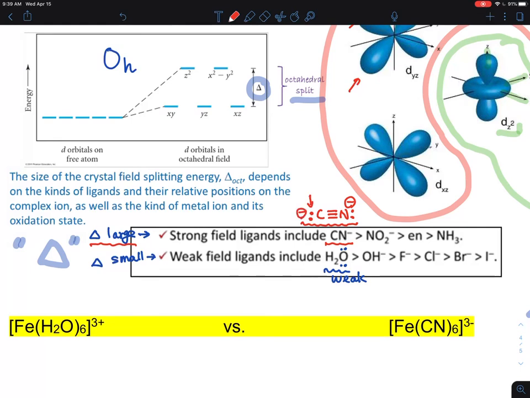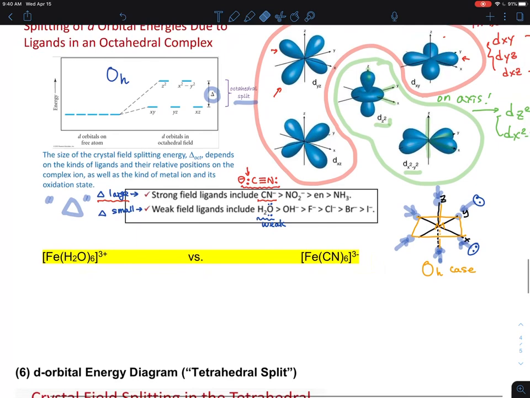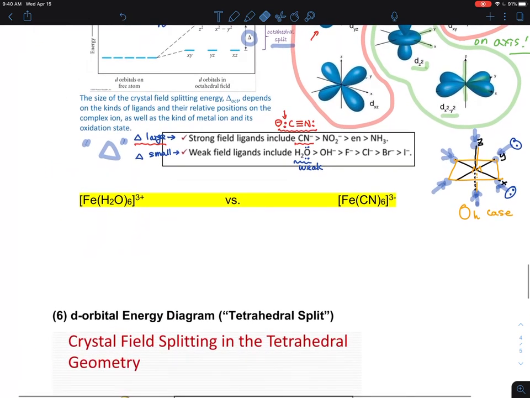Actually, the formal charge is on the carbon side, not the nitrogen side. Okay, so this is a very strong one, the case where you're going to have a large splitting. And I like that this is an optional problem in your class where this has been discussed.